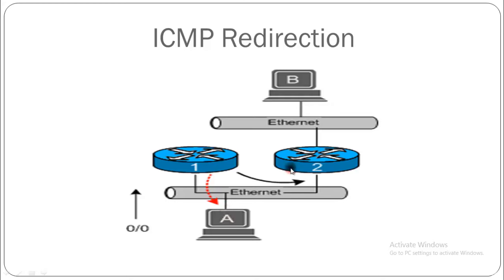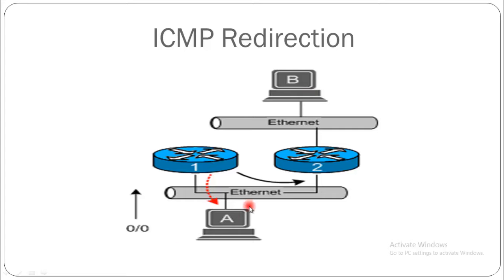But if this is configured to redirect it back to A or to router 2, then it will straight away redirect to either of those, and then it will be able to send the packets. So RFC 1122, a section of it, states that the host should not send ICMP redirect.